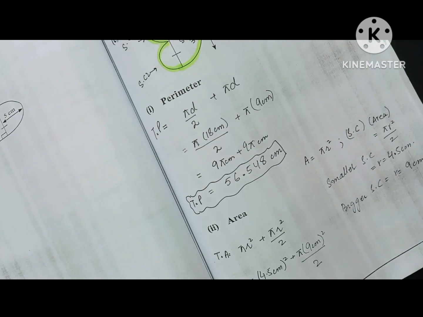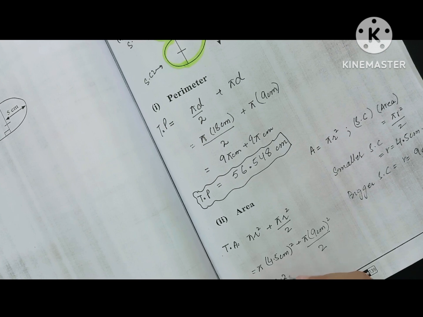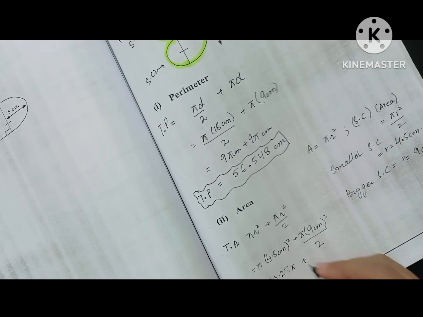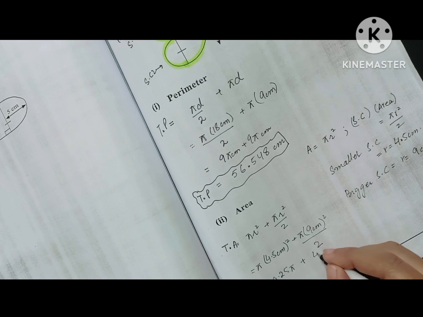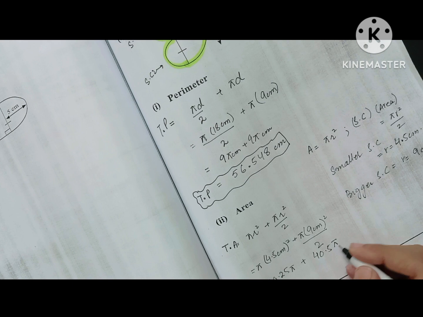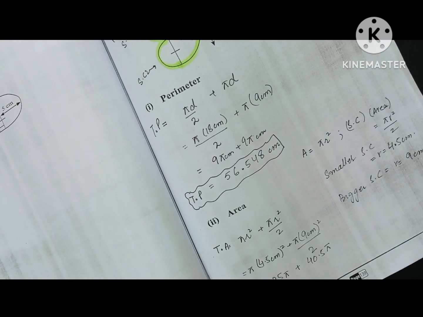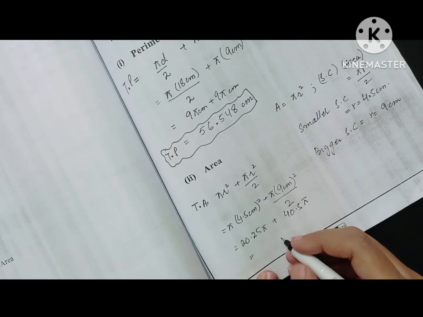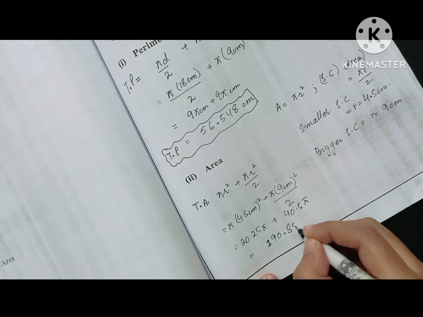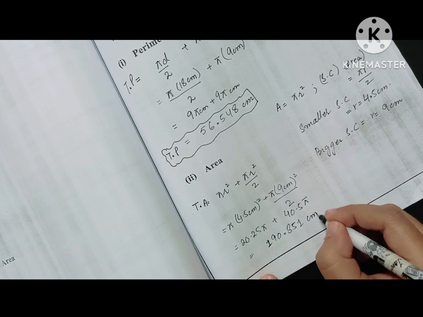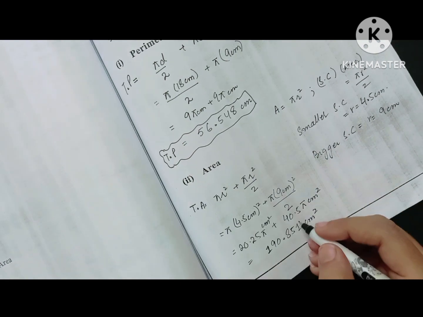After the calculation, it will be 25 pi plus 40.5 pi, and then we add them. It will be 190.851 centimeter square. That is centimeter square, and that is also centimeter square.